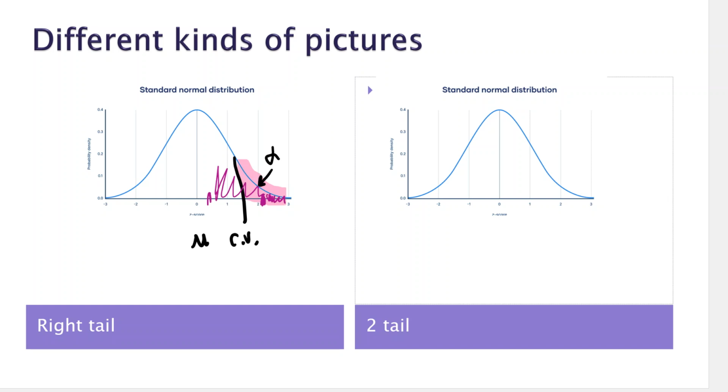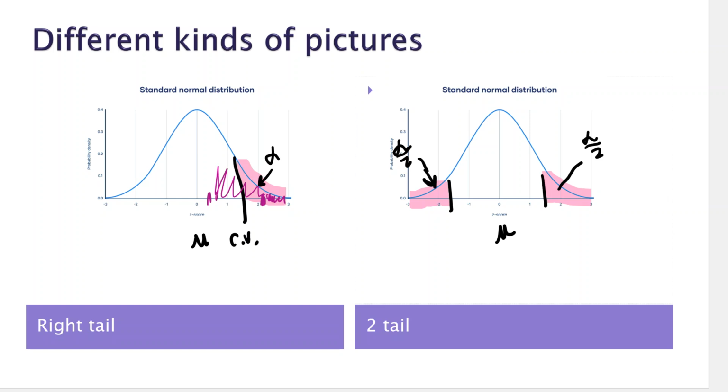For a two-tail test, things are a little bit different. Your mean is still in the middle, but what's different is that you have two tails, and each of these tails add up to alpha. So this is half of alpha here, and this is half of alpha here.